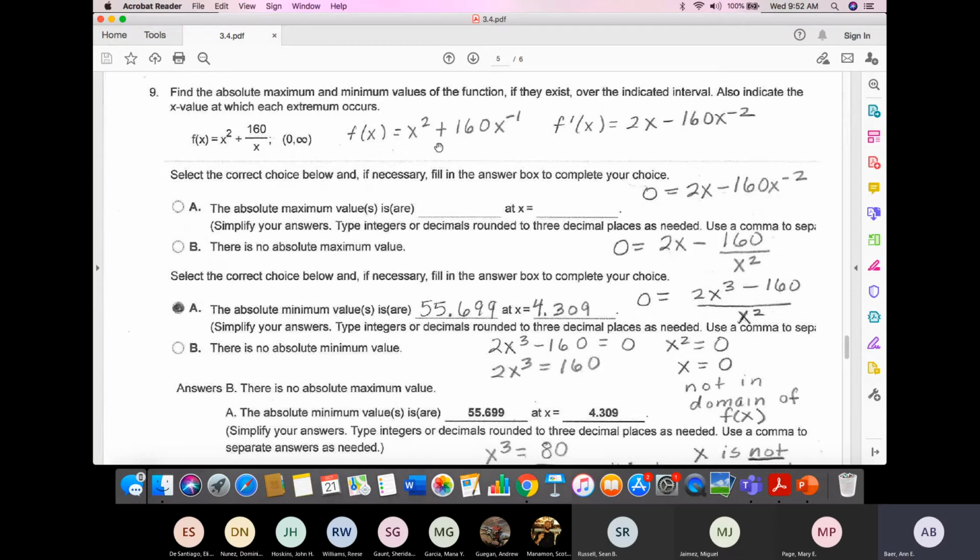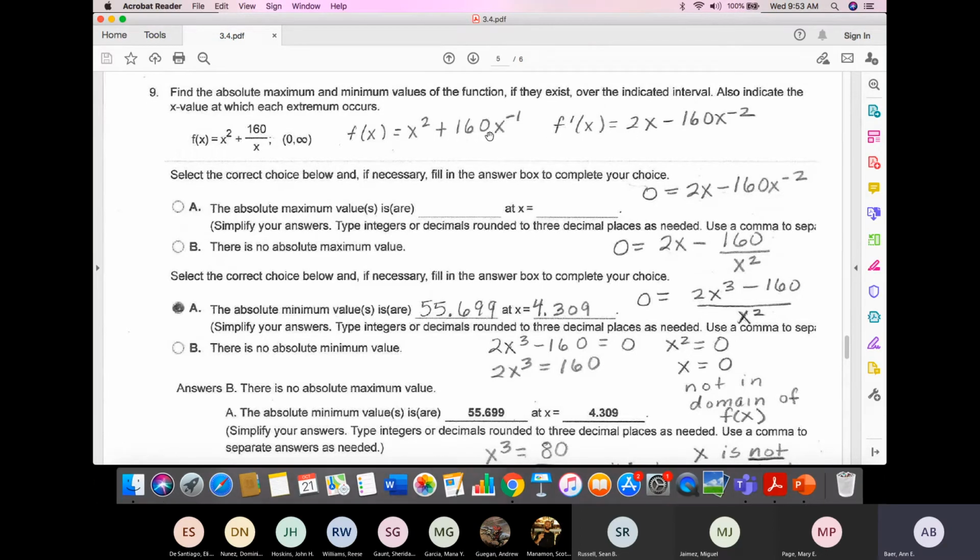In order to find our critical numbers, which are part of this process, we need to take the first derivative. The derivative of x squared is 2x. And then this negative is going to come down, meaning we're going to have a negative here. So I copied down that minus sign here: 160x, and our new power is -1 minus 1, which is -2.